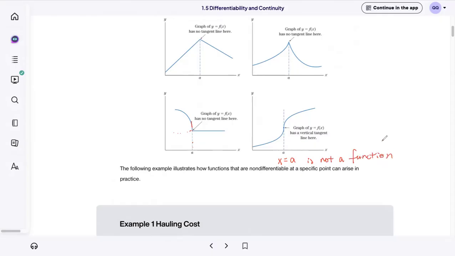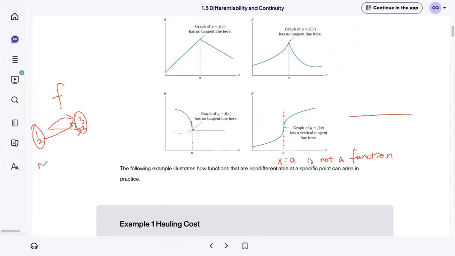Horizontal lines are functions, constant functions, but vertical lines are not functions. Why? Because a function goes between one set of something and another set of something. Maybe I have 1 and I have 2. 1 goes to 3, 2 goes to 3 is okay. But I cannot do 1 goes to 3 and also 1 goes to 2. That's not a function. You see x equals a goes to all these places. You can think of it as one person cannot have 2 ages.